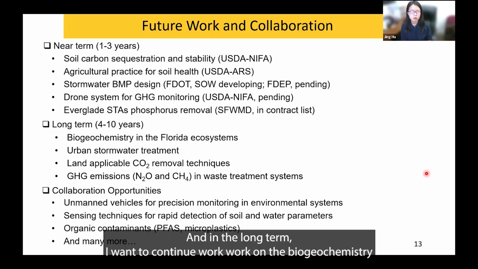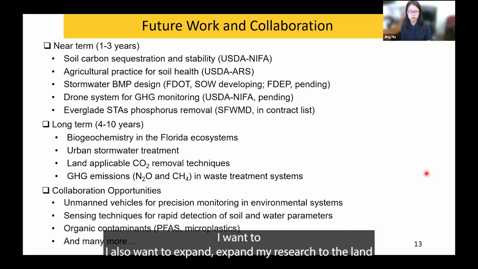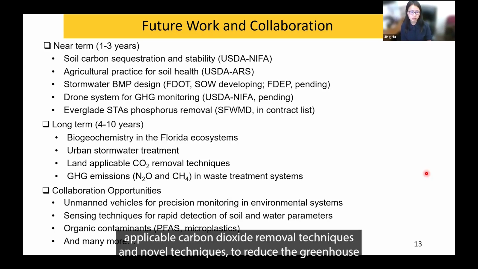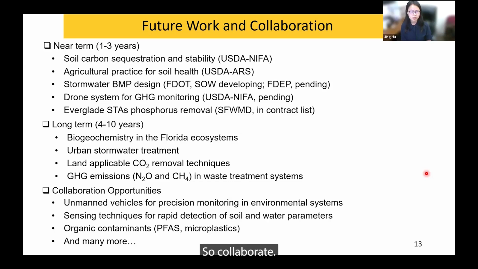In the long term, I want to continue working on the biogeochemistry in Florida systems and urban stormwater treatment. I also want to expand my research to land-applicable carbon dioxide removal techniques and novel techniques to reduce greenhouse gas emissions, especially nitrous oxide and methane, in domestic waste treatment systems.